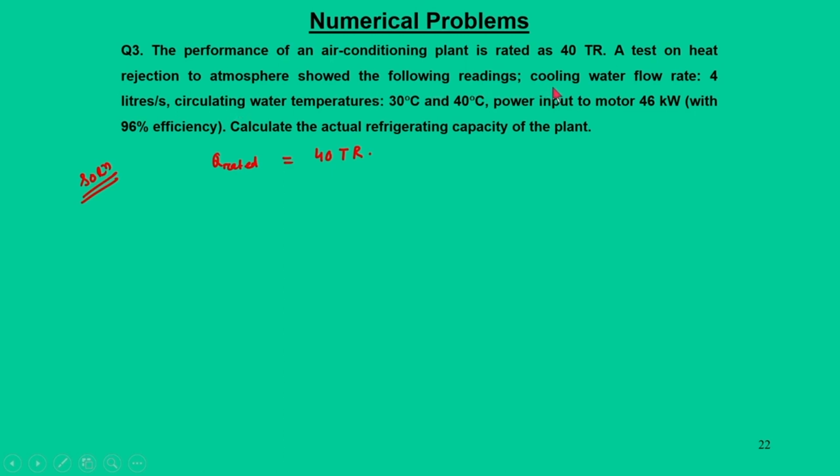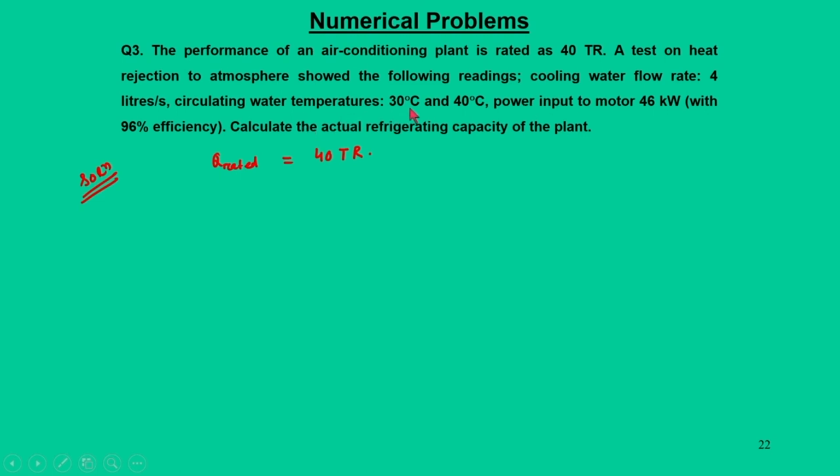That means there is a plant, and a test was done to calculate how much heat got rejected to the atmosphere. The heat rejection was done by cooling water used in the condenser, for which the inlet temperature was 30 degree centigrade and the exit temperature was 40 degree centigrade. That means the refrigerant rejected heat to the cooling water, and the mass flow of the water is 4 liter per second.